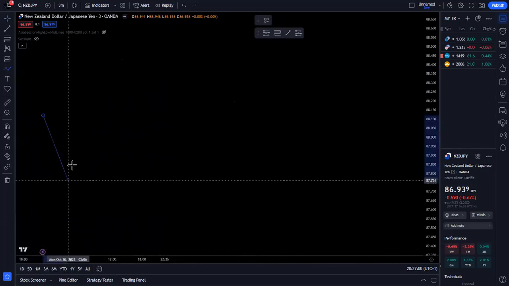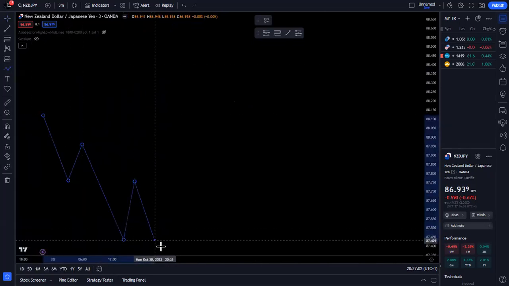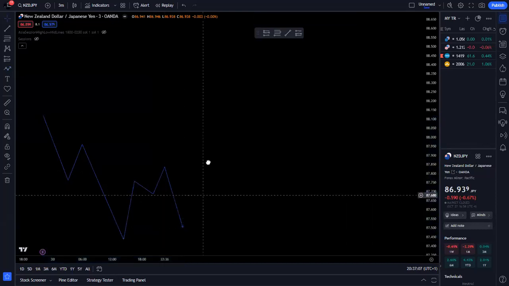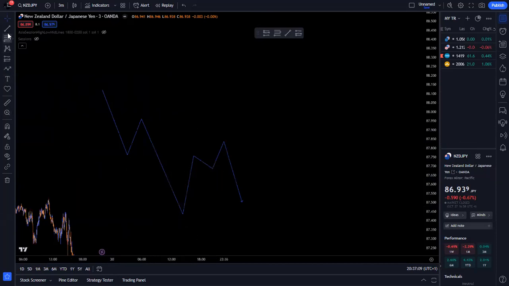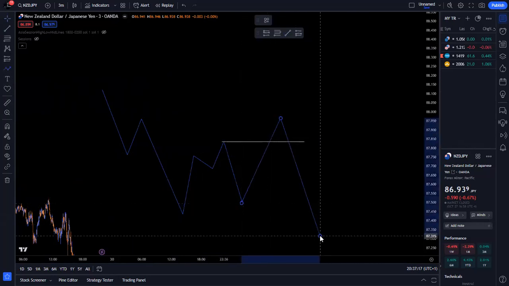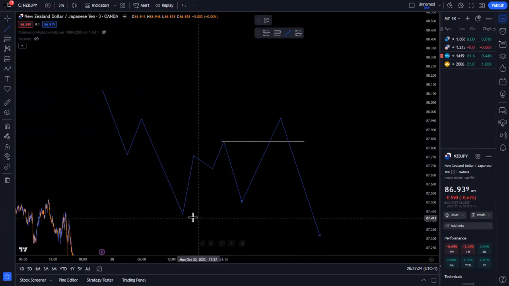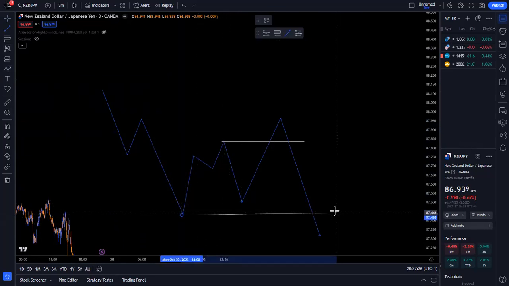Let's assume we have something like this. Now, if price should go and do something of this nature, in this case we have had price take out liquidity above this high and liquidity below this low.